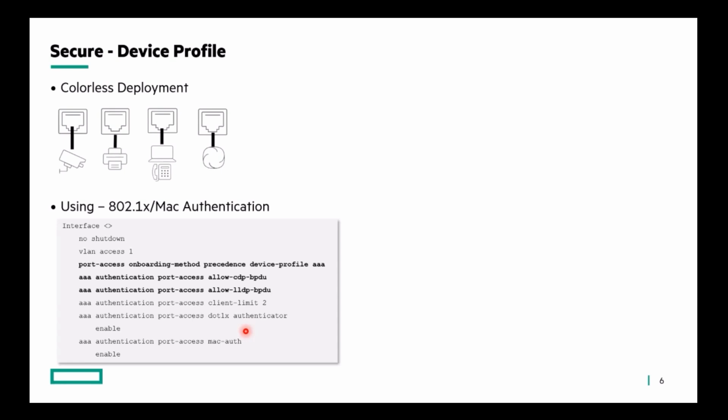APs can be onboarded using device profile. In the same port, if we connect the AP, there should be a way to first onboard the APs using device profile rather than trying .1X or MAC auth for the AP. Hence, we configure an onboarding precedence. We make sure device profile is first precedence over the AAA, that is .1X or MAC authentication. This configuration will remain the same in all the ports.